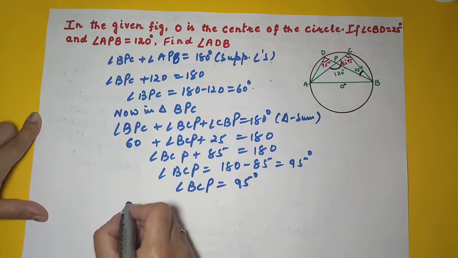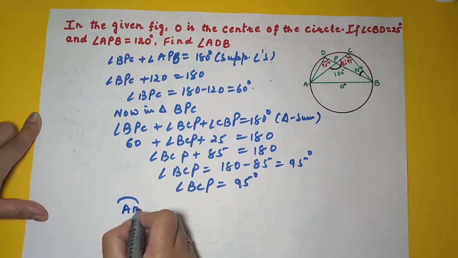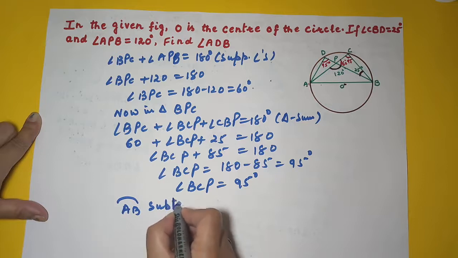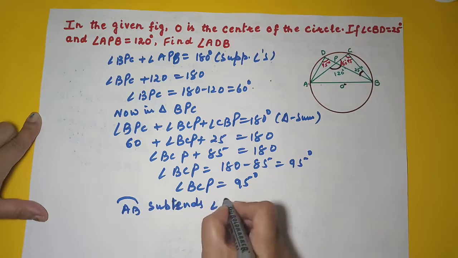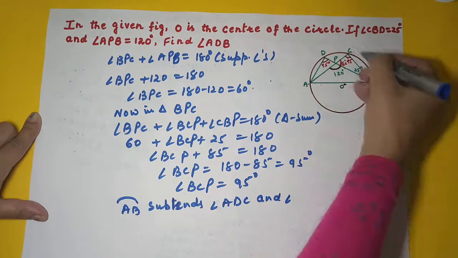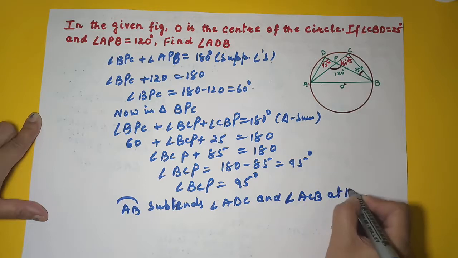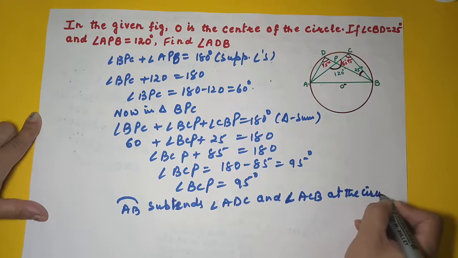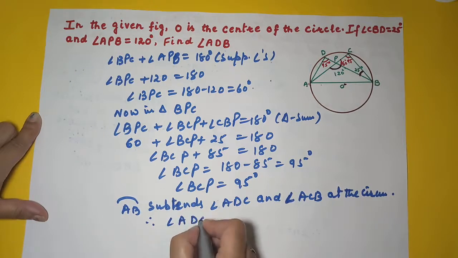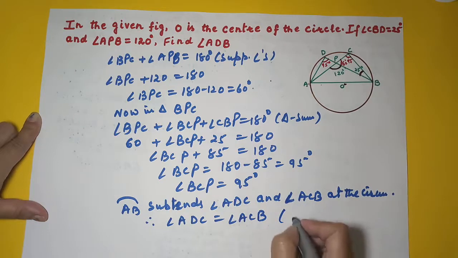Right? Now you can say that arc AB subtends which angles? Angle ADC and angle ACB at the circumference, right? Therefore, angle ADC is equal to angle ACB, right?